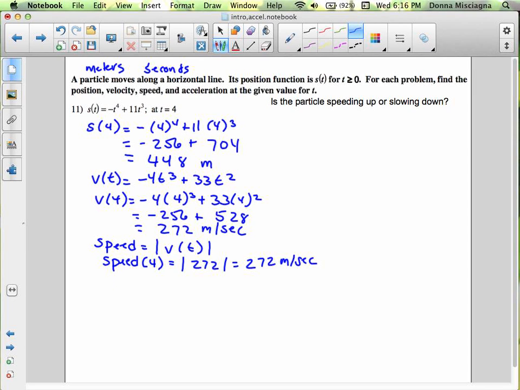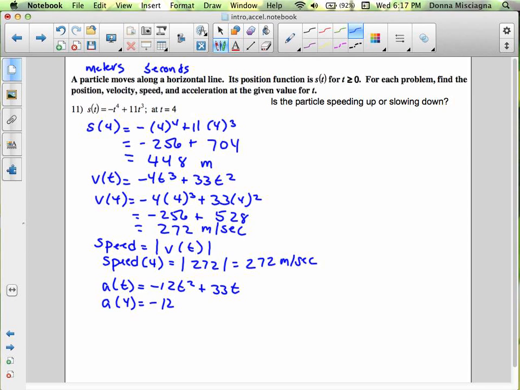Now let's find acceleration. So we have to find the equation. This would be the second derivative. So we'll take the derivative of velocity. Derivative of velocity is acceleration. So that would be negative 12t squared plus 33t, and we'll evaluate that when t is 4.